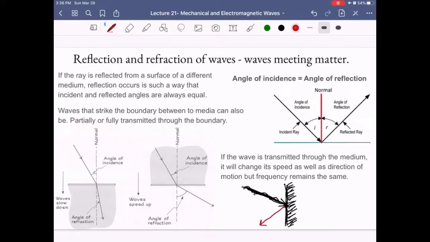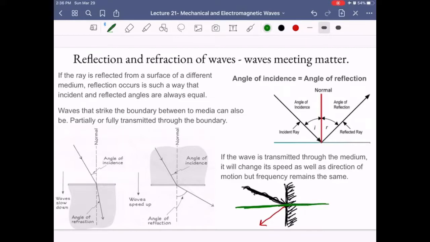Now there's only one way this ray could be reflected. And how did I know it was this way? Well, in my mind, what I do is I try to draw the normal to the surface. Normal means perpendicular. If you want, you can do it on both sides of the medium.